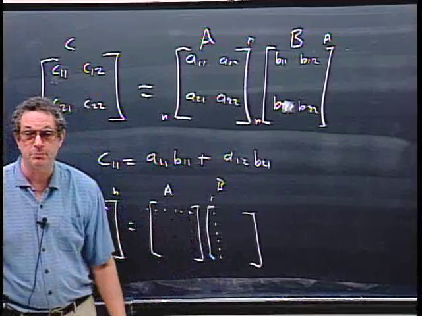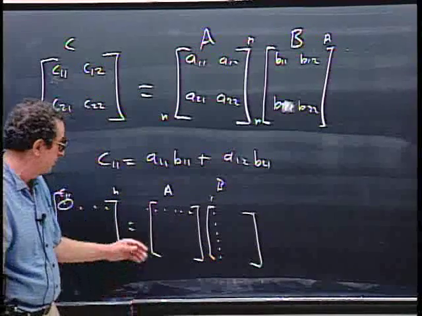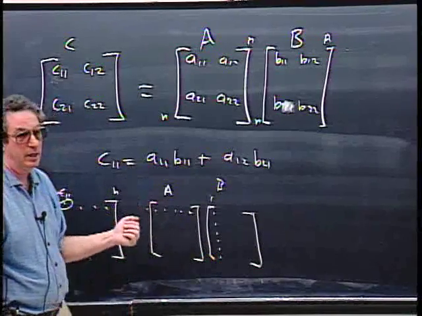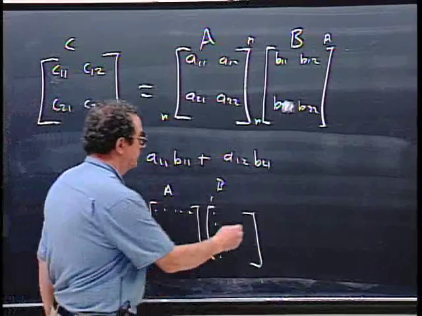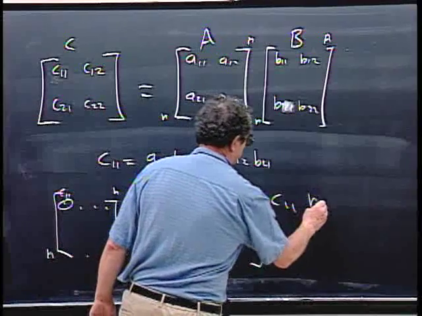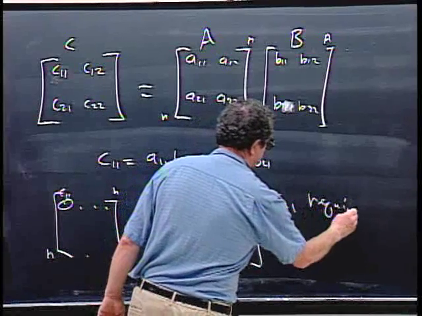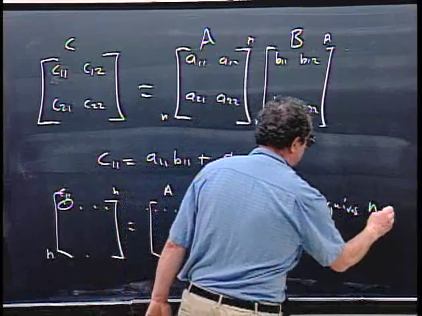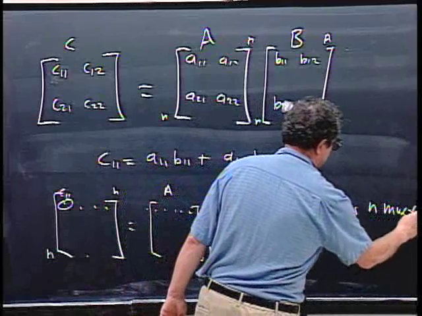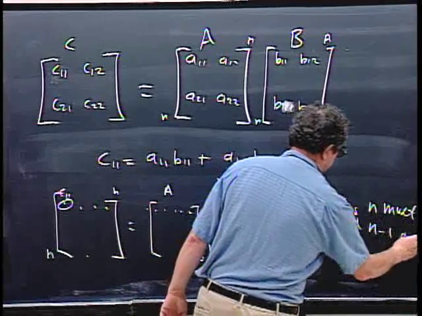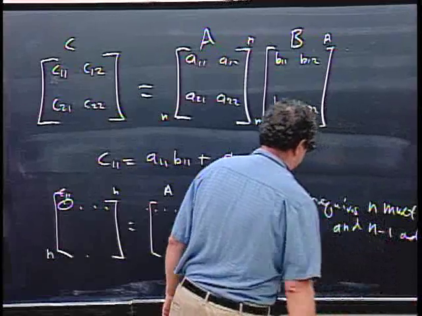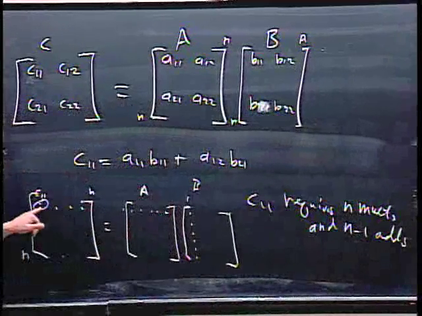And those individual scalar products are added together. So for an individual entry, C11 requires n multiplications and n minus 1 additions. Okay? And that's for a single entry.